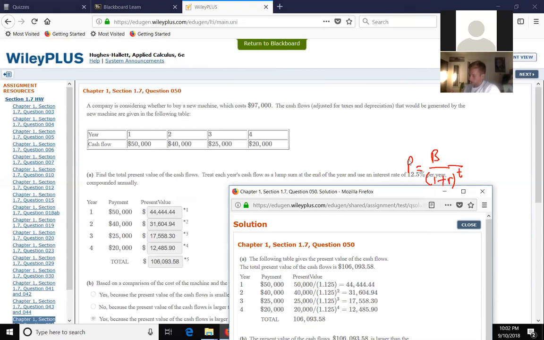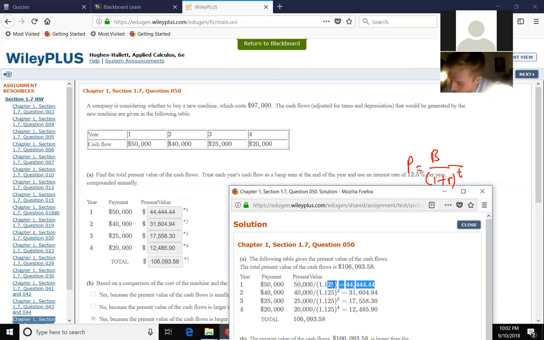So the present value P of year 1 is equal to the future value, which is just 50K at year T equals 1. We don't have any power here because T is 1. So that's why you got 44,444 here. Do you get to this point now?